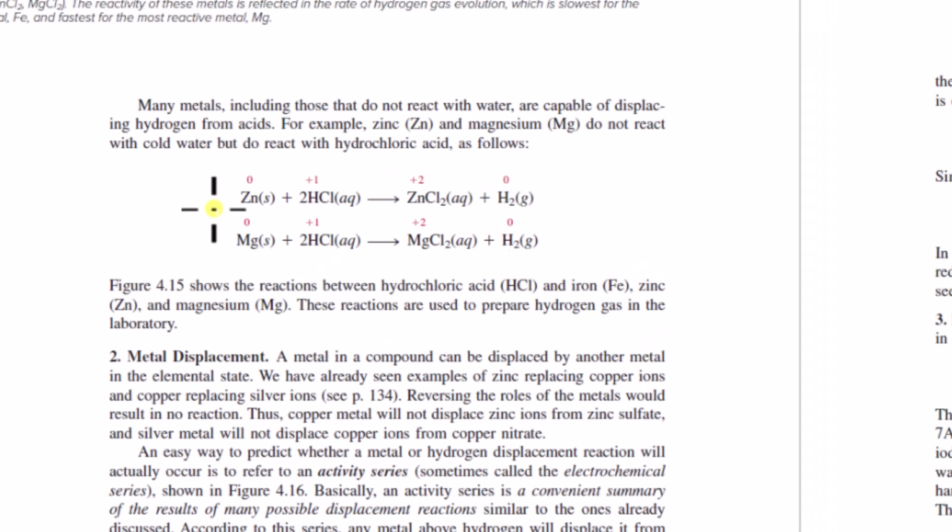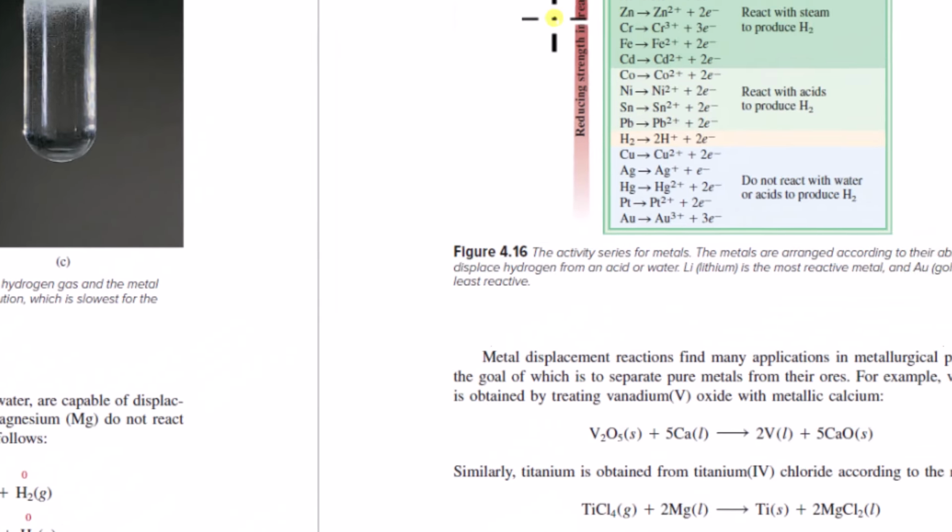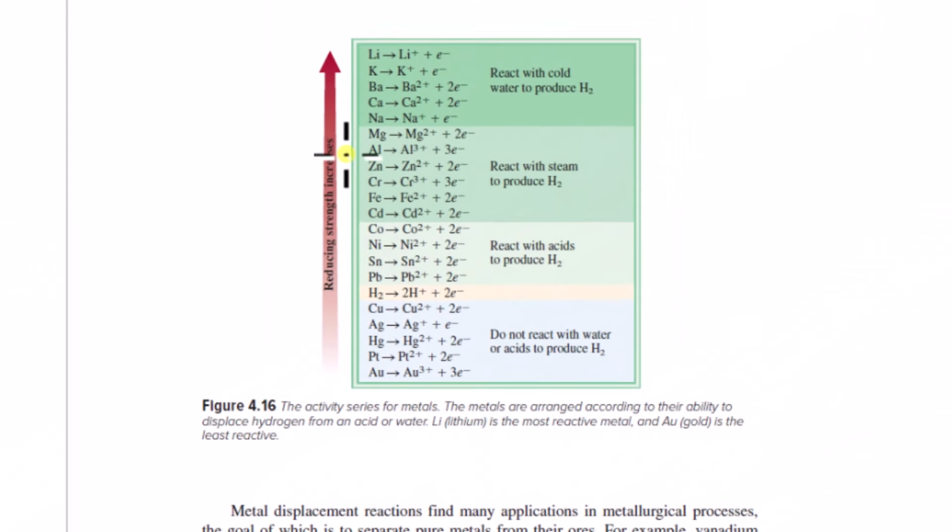But again, if we come back to the table, zinc and magnesium are able to displace hydrogen from steam, just a neutral, hot water environment, but in a cold water environment, no reaction is going to happen, right? But if you've got a metal that can displace hydrogen from cold water or steam, then that metal can also displace hydrogen from an acid, right?